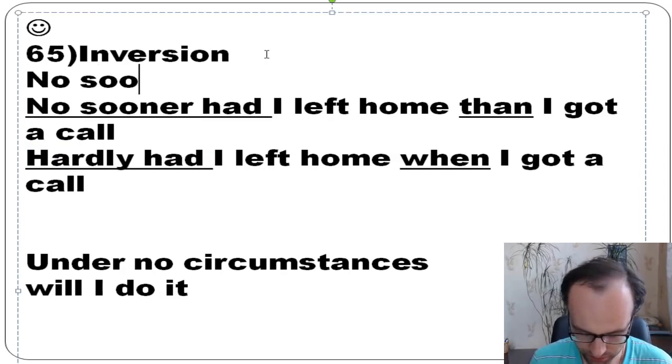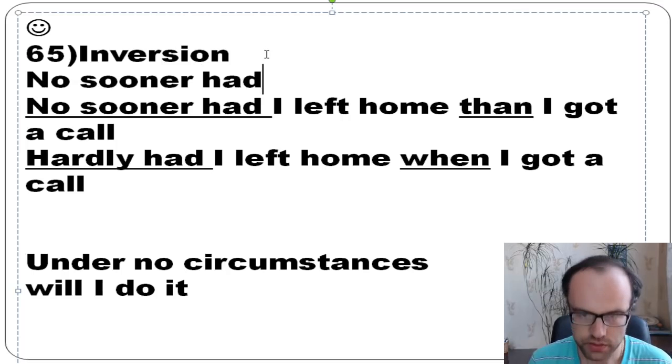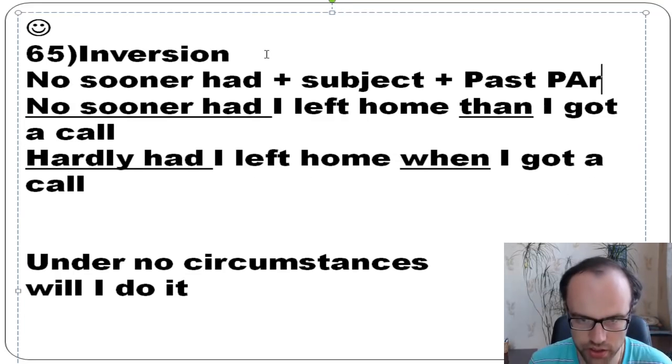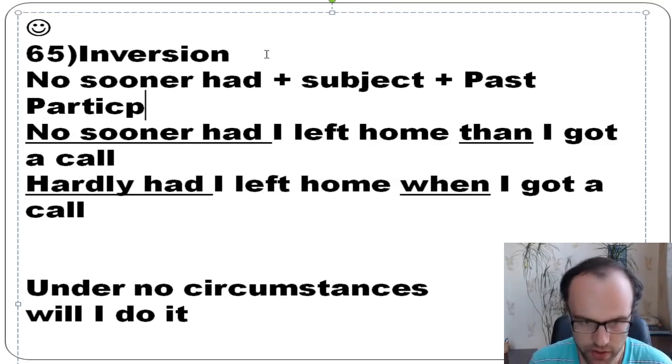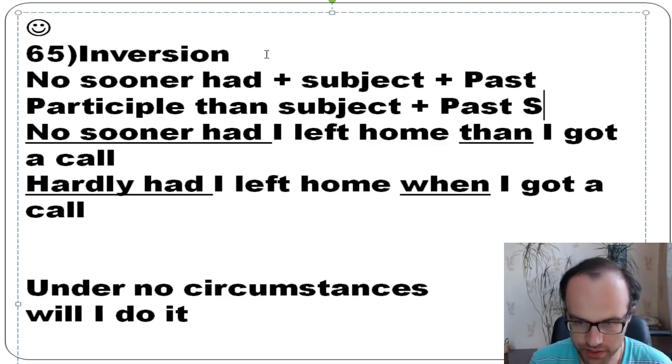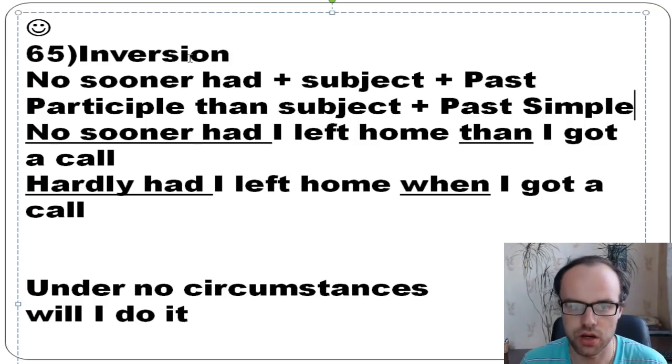So no sooner, then you use had, plus subject, plus past participle, okay? So I hope that's clear. Then use than, subject, plus past simple, okay?